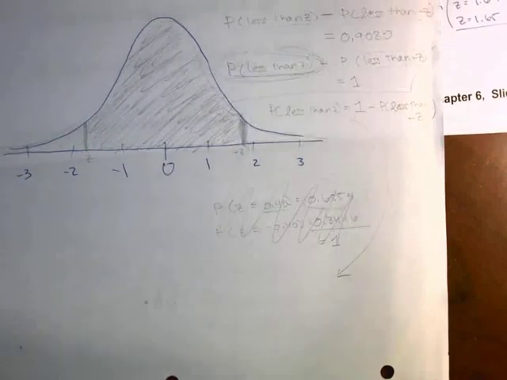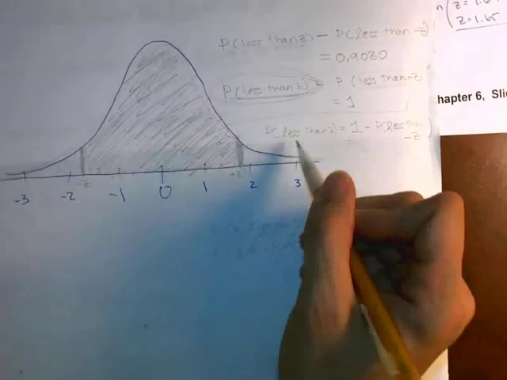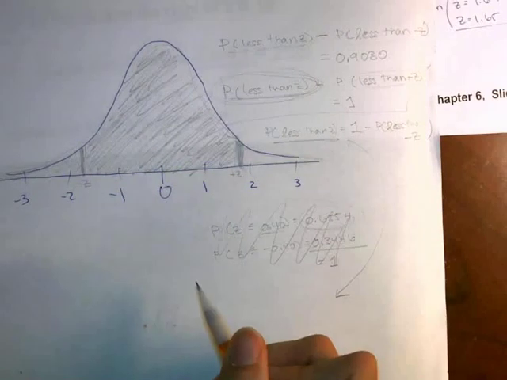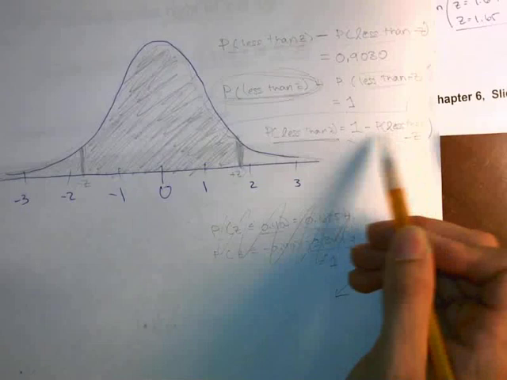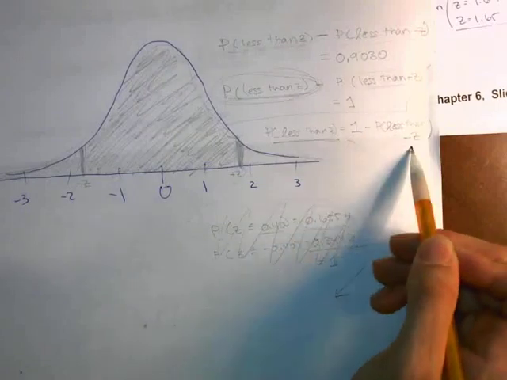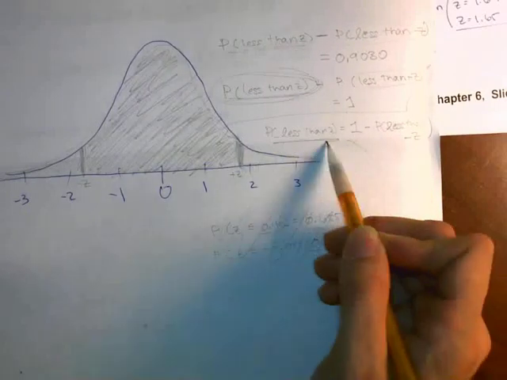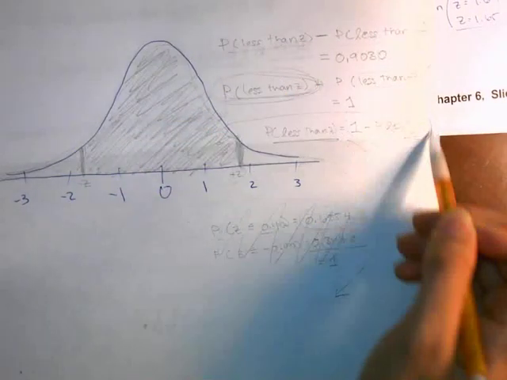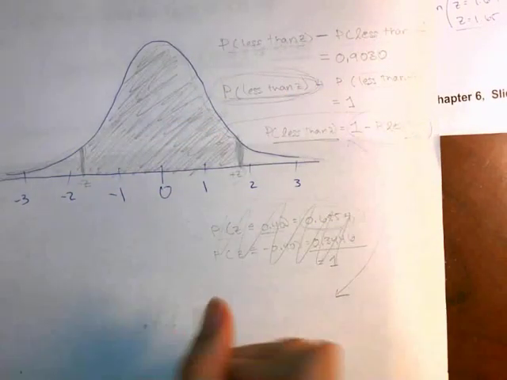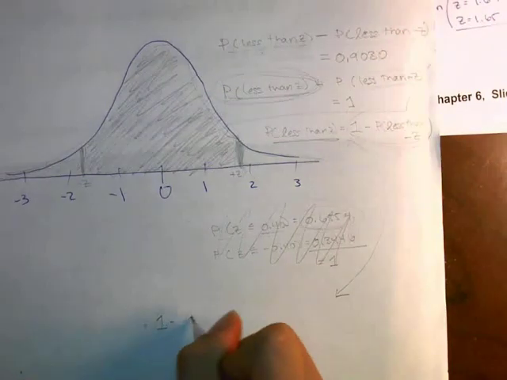My notation is kind of clunky here, but I'm just going to stick with it. So the probability of less than z is 1 minus the probability of less than negative z. So let's take this and plug it in.